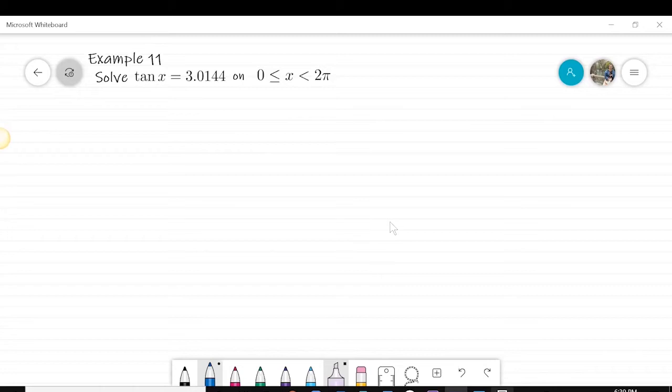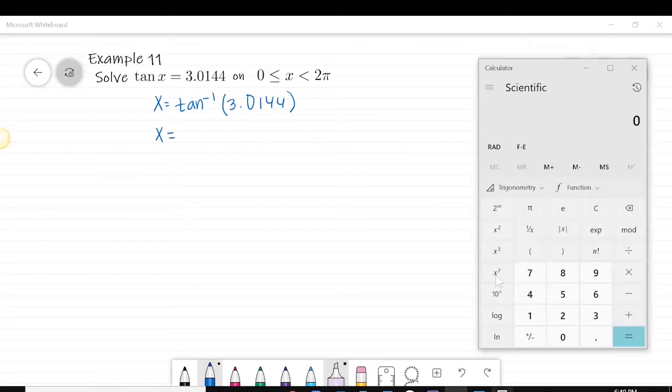So we start off with x is equal to tangent inverse of this 3.0144 value. And then to be able to get an approximation, I guess I should use an exact form for now. To be able to get a value for x, we actually need to use our calculator. So I'm going to open up my calculator.